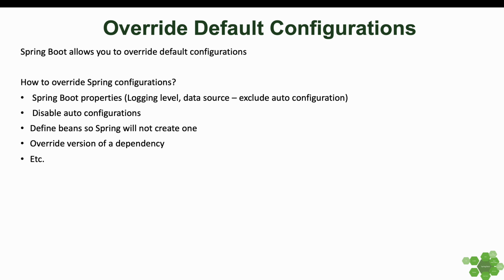You can specify that you don't want data source auto configuration in the property file. You will exclude it, or you can disable auto configurations. We will see how you can achieve that in the next slide.